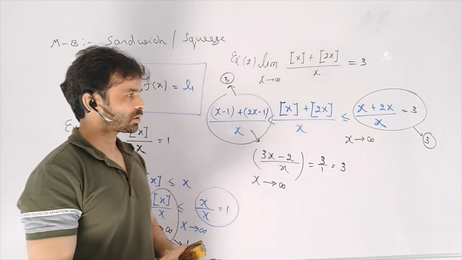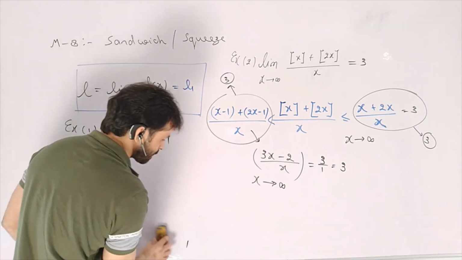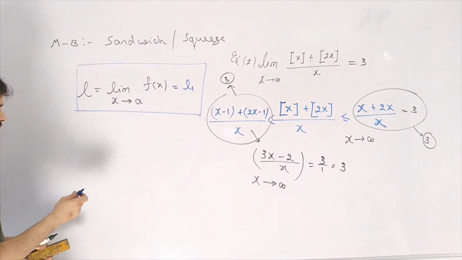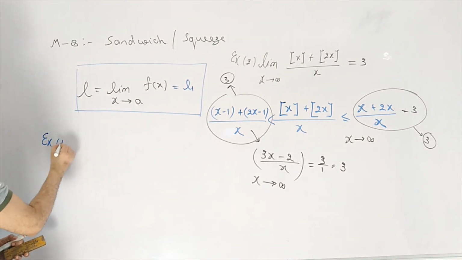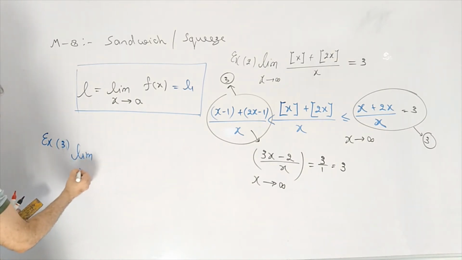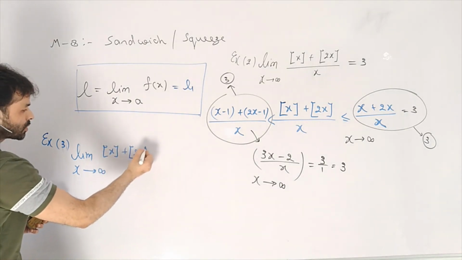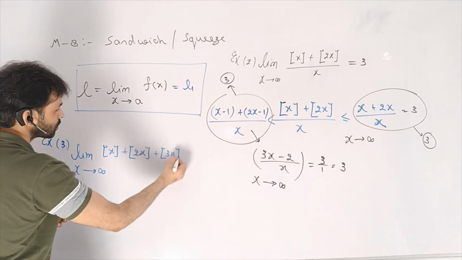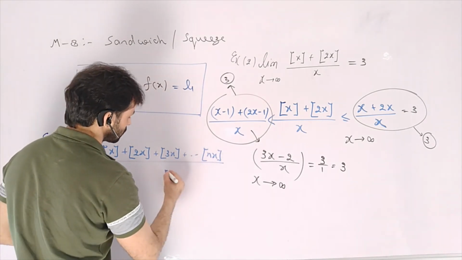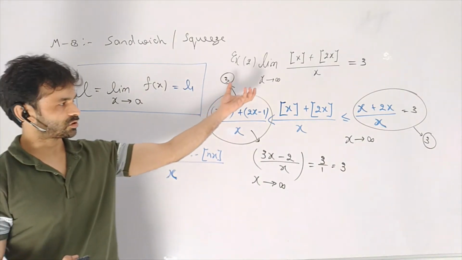I think now this is more clear to you. So in case in books you find some problem like example 3: limit x tends to infinity, (greatest integer x plus greatest integer 2x plus greatest integer 3x, and so on) by x, you can use the sandwich theorem like this.